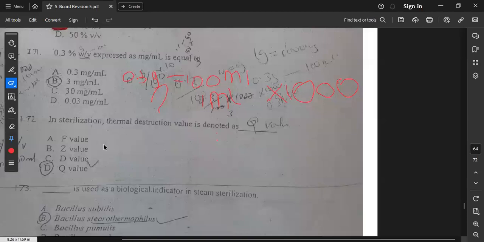So D value is the rate at which the microorganisms are killed, Z value is the killing rate influenced by temperature, F value is the total lethality of heat sterilization, and Q value is the thermal destruction value.